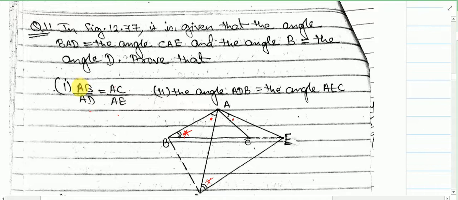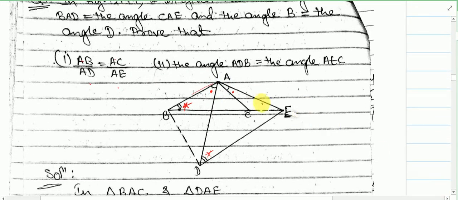So here you can see AB is part of this triangle, and AC is part of this triangle. Clear? And AD is here, and A is here.